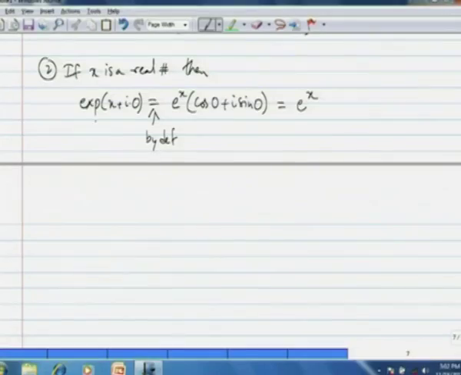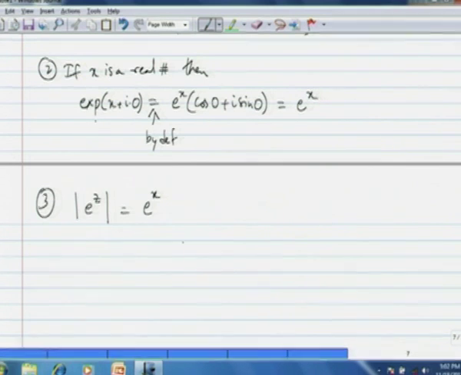And there are other properties which follow. So, what are some other properties? The modulus of the exponential function is essentially e raised to x, where e is the real exponential function.